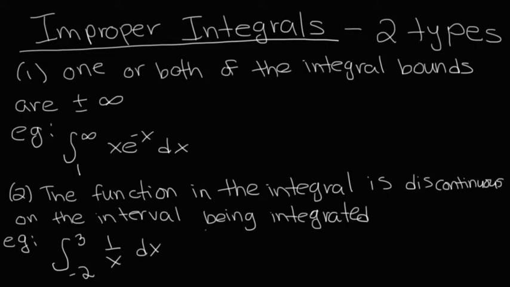The reason why this would be improper is because 1 over x doesn't exist at x equals 0, and notice that x equals 0 is in the interval from minus 2 to 3. Because 1 over x is discontinuous at one or more points in that interval, this makes it improper, and therefore we have to be careful when we evaluate it. We're going to do some examples to show you how exactly you would do that.